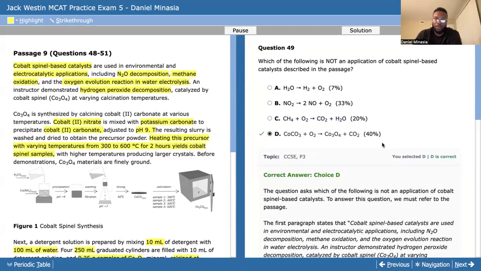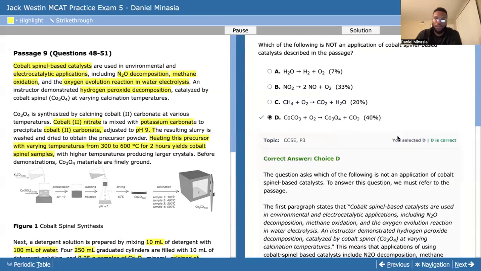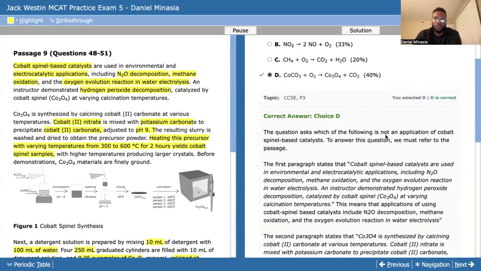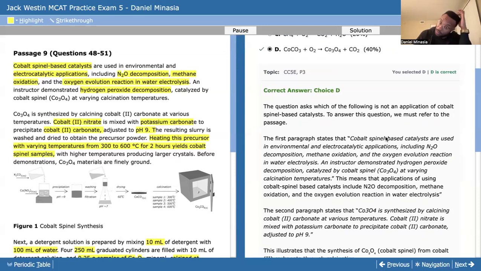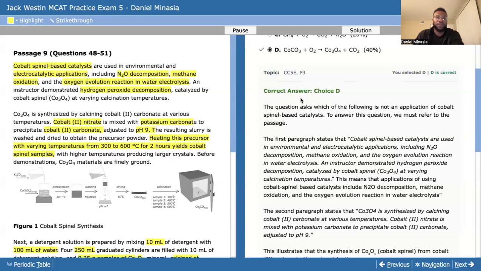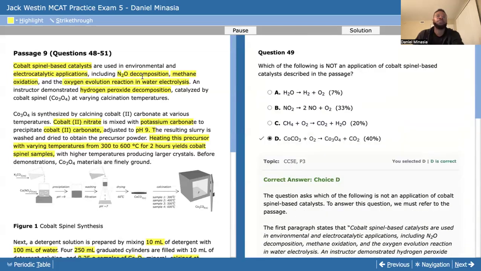That's really interesting. I mean, just because it has cobalt in here. They're asking which of the following is not an application of cobalt spinel based catalyst. So you got to refer to the passage. They literally told us cobalt spinel based catalysts are used in environmental electrocatalytic applications, including N2O decomposition. So we see a decomposition right here. Methane oxidation, that's this right here.